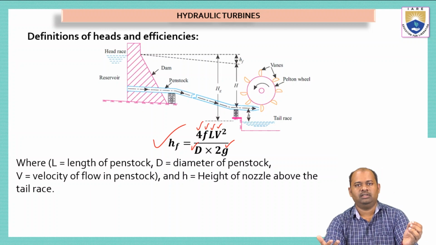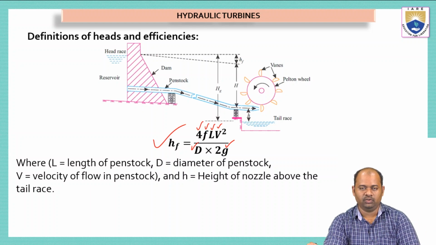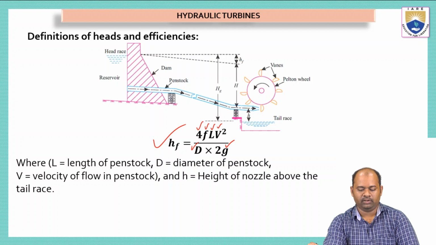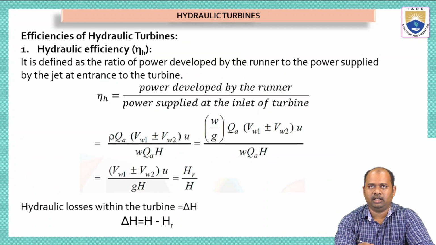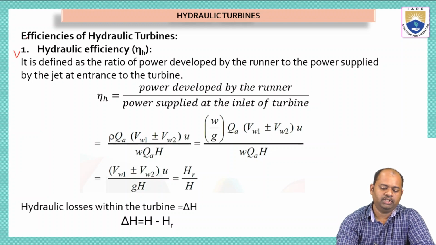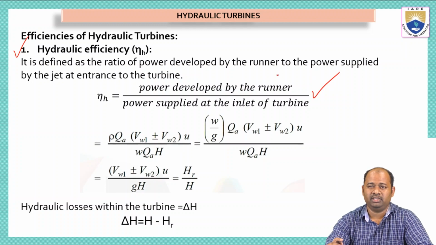When the water is flowing through the penstock, because of its huge length, some amount of head is lost during the flow. So that is calculated as HF. And we have some other formulas like hydraulic efficiency. The definition of hydraulic efficiency is the ratio of power developed by the runner to the power supplied at the inlet of the turbine.